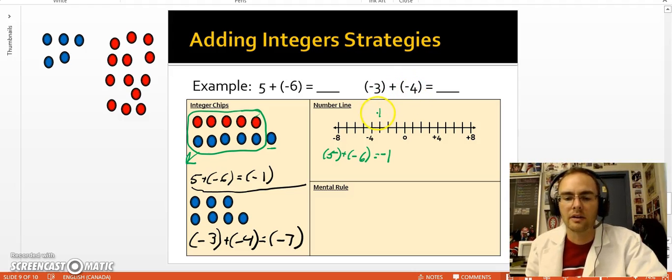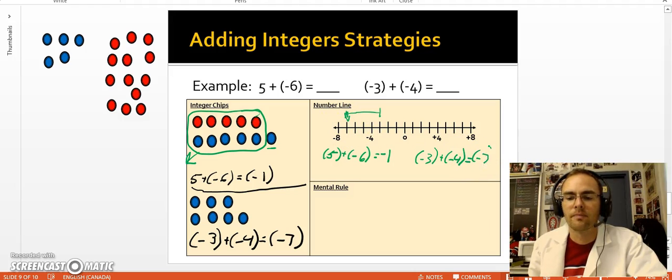Negative, bad. So 1, 2, 3, and 4, and that's where I am right here on my number line, and that there is -7. So if I were to solve this question, it's -3 where I started, I add -4, I will get -7 on my number line. And again, that's the same thing that we solved over here.